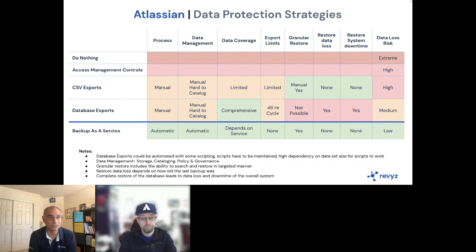Given all of these things, I would categorize the risk of data loss as medium, meaning yes, you can get back some of it, but you may end up losing some of your data. But among the methods discussed thus far, access management control, CSV exports, and database exports, I think this would probably be the least risky.